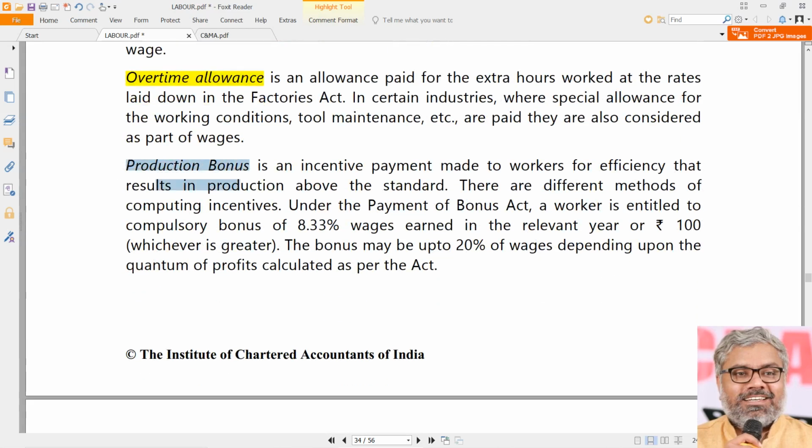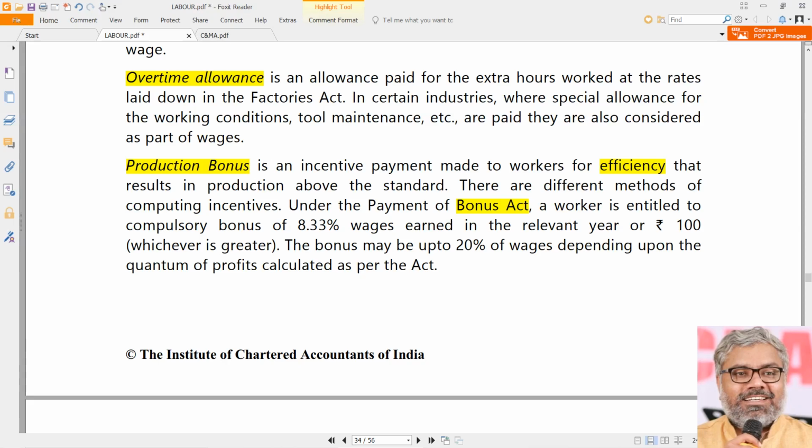Like that, some production bonus can be given depending upon the performance or efficiency of the employees, quite possible. But of course, there are some other legal obligations also according to the Payment of Bonus Act, that some bonus has to be given to the workers. We don't need to know that unless we have the Payment of Bonus Act in the law syllabus, which is not there anymore.